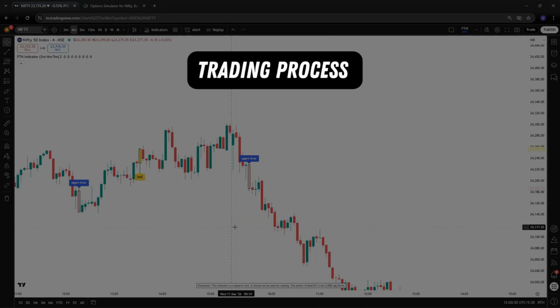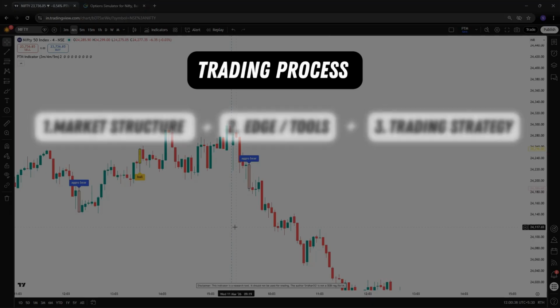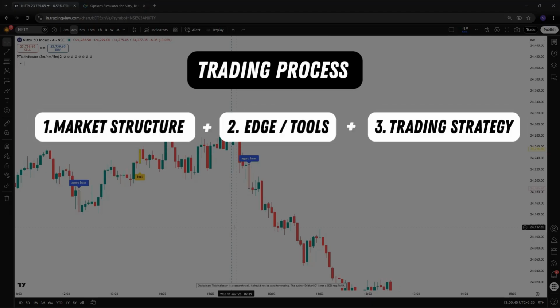Trading process has three major parts. I've repeated this so many times in my weekly analysis videos. I'll tell you again. It is market structure plus your edge or whatever research tool you use plus your trading strategy. So applying all these three things is equal to your trading process.